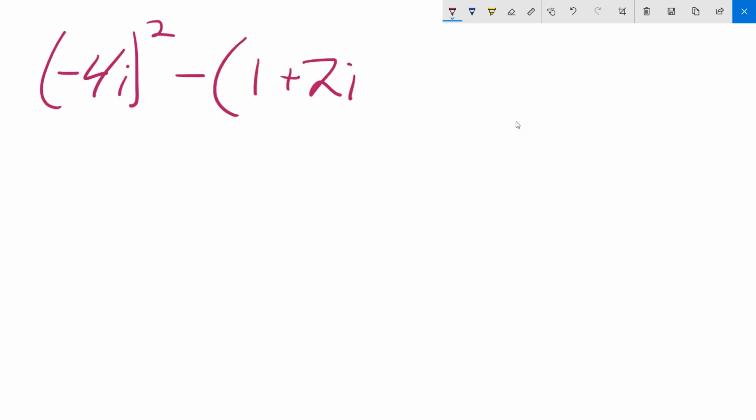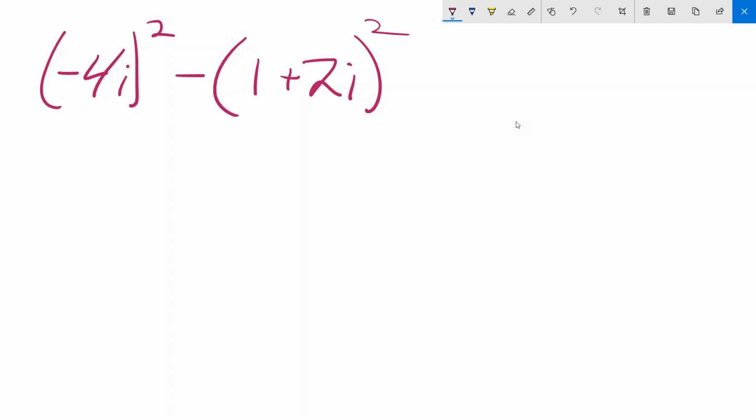Let's look. Okay, 48. Parentheses negative 4i parentheses squared minus parentheses 1 plus 2i squared. And this is all squared like that?